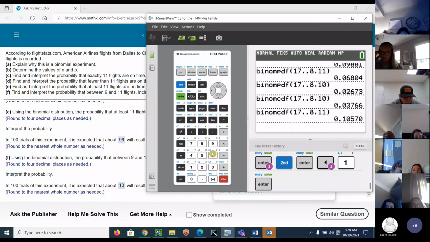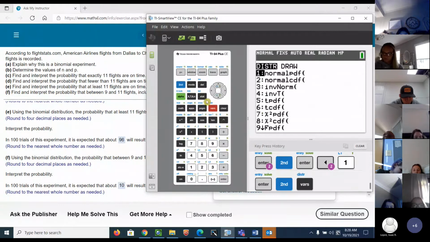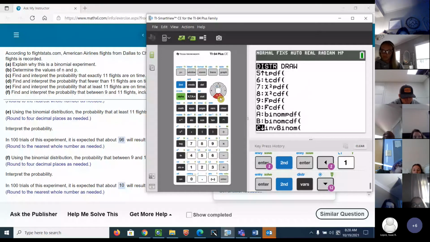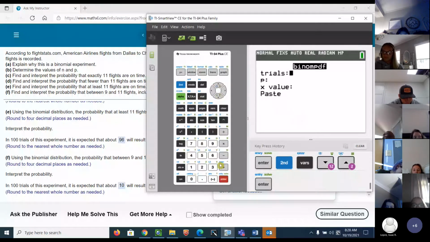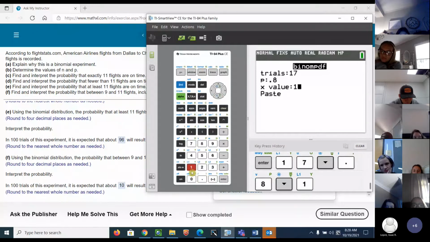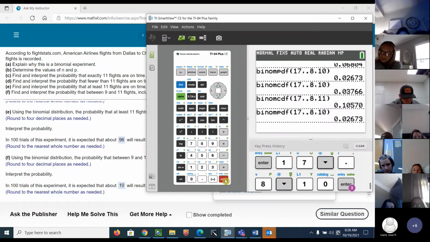So second vars, binomial PDF, 17, 0.8, and that'd be 10, between 9 and 11. 0.0267.